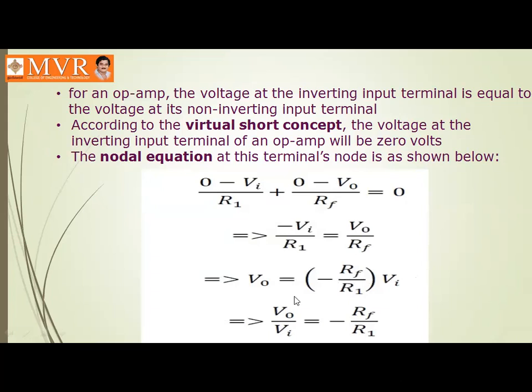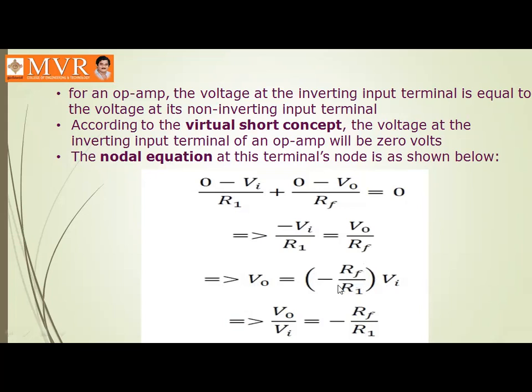So if this is 1, then output voltage is equal to input voltage. But in the inverting case, you can see this minus indicates that the output has been inverted by 180 degrees. So if Rf by R1 is equal to 1, then the output voltage is equal to the input voltage.